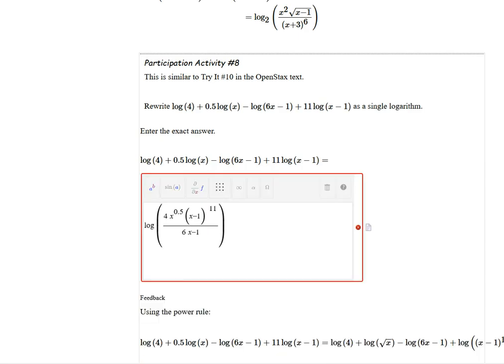Oh. All right. Enter exact answers. What does it not like? Correct answer, log times... square of x.